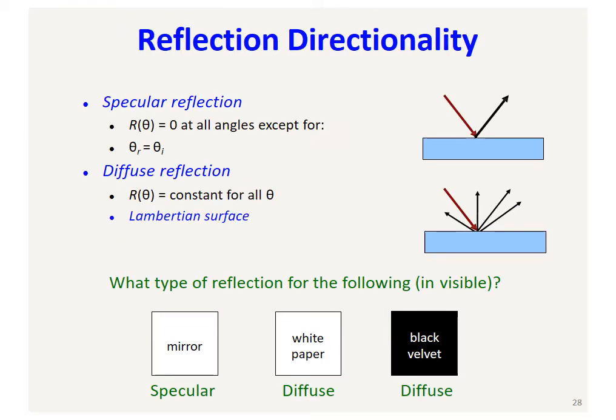The difference between the mirror and white paper is seen in the direction that the light is reflected. In the case of a mirror, light incident at an angle theta I is all reflected at an angle which is equal to theta I. However, for diffuse reflection, we have light emitted in a large range of angles.